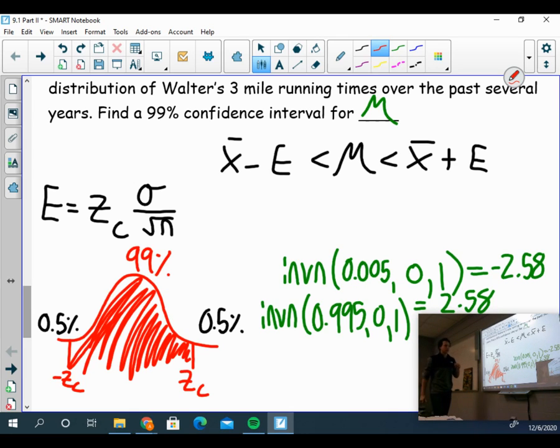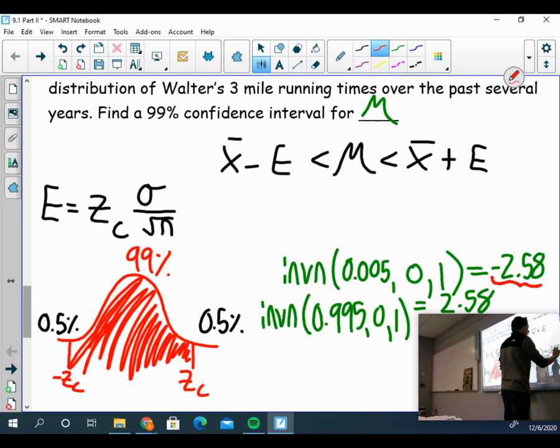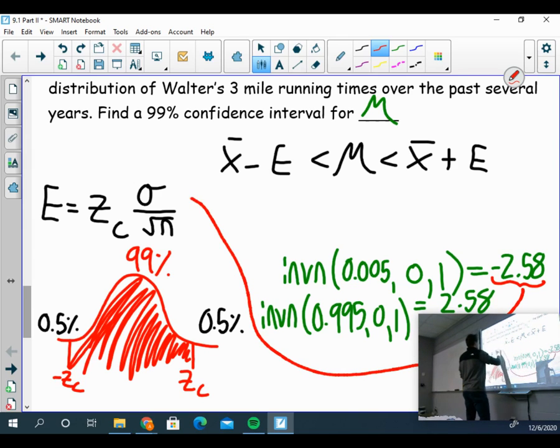But we're not working with the standard normal curve. We're working with Walter's data. So we're going to multiply the standard deviation of Walter's data times that critical value.